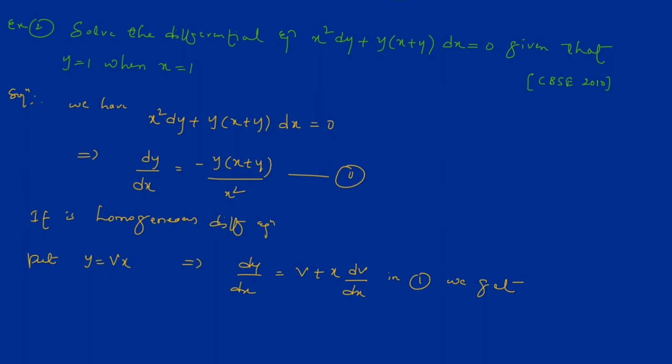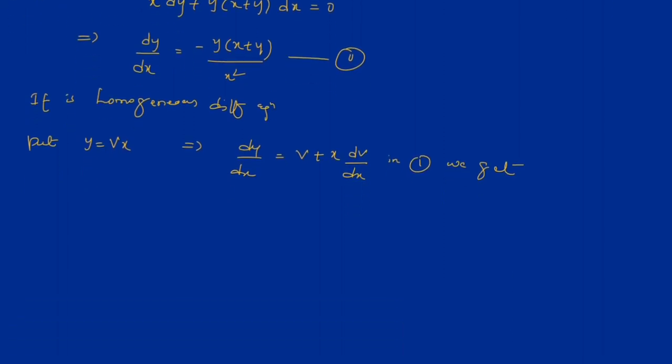Substitute the value in equation 1. Let's see what we get here. In place of dy by dx, we get v plus x dv by dx, which is equal to minus y means vx, times x plus y means vx, upon x square.